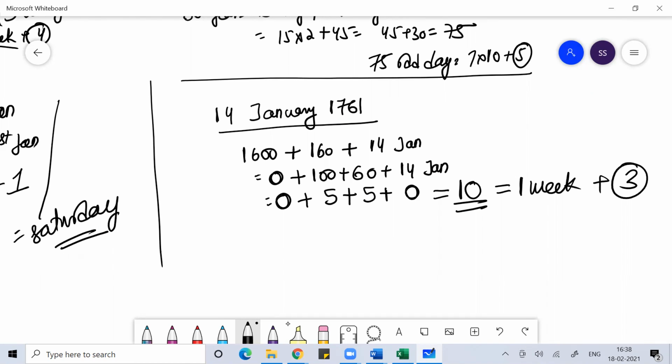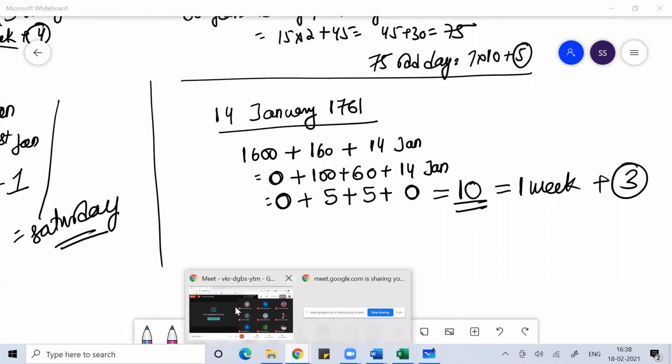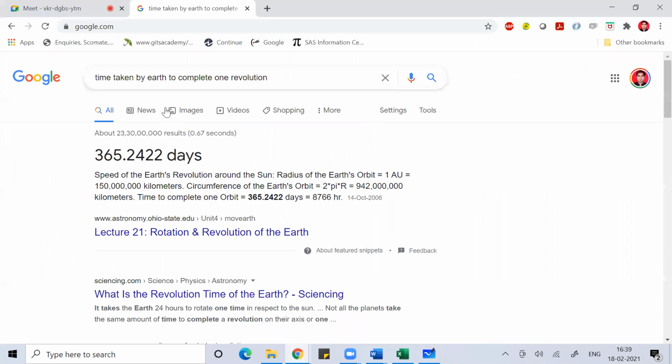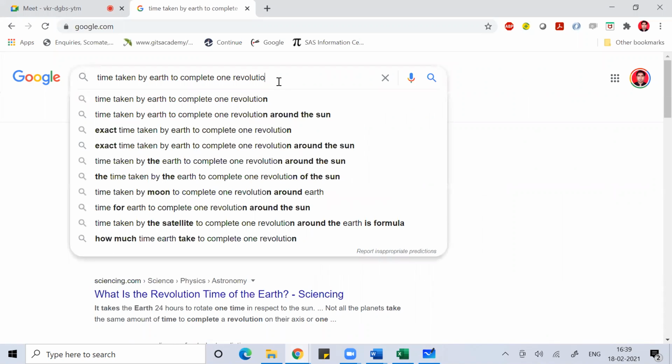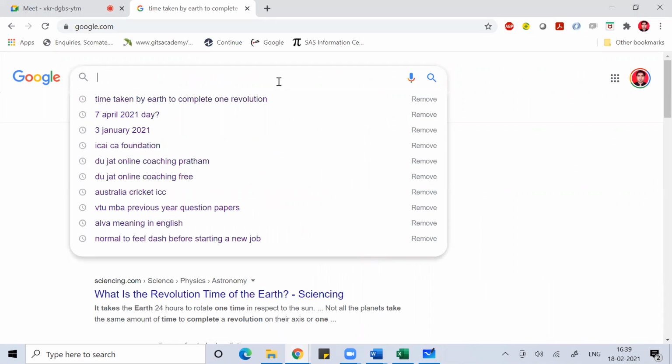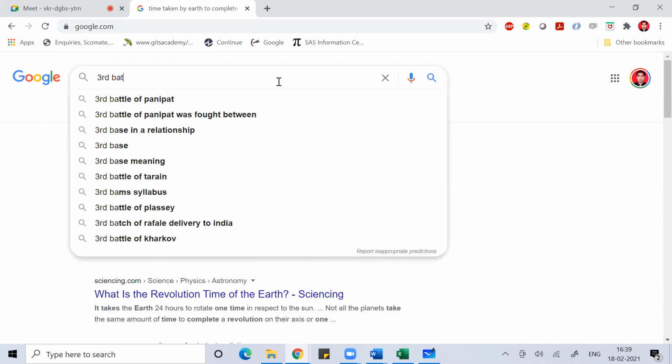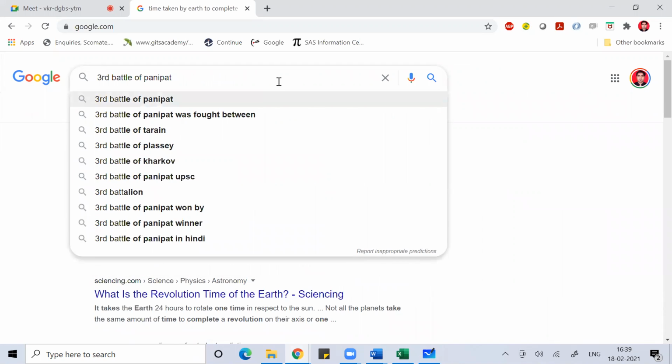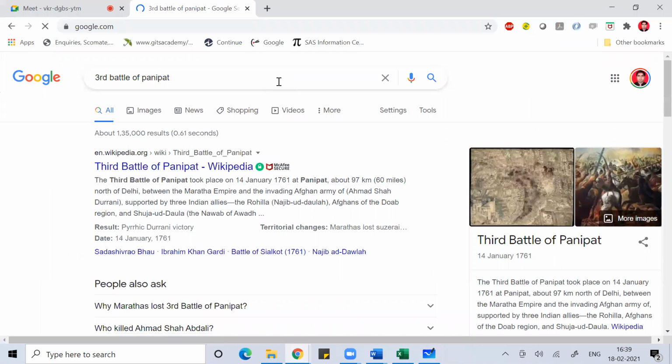Why should we Google this? Third Battle of Panipat. It was fought between Ahmad Shah Abdali and Marathas.